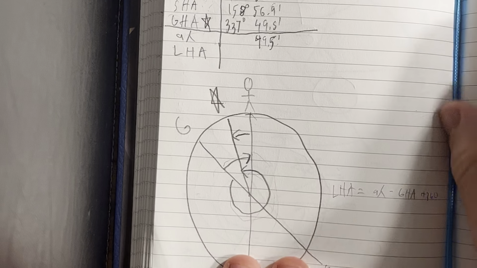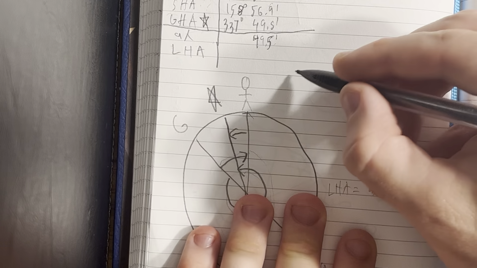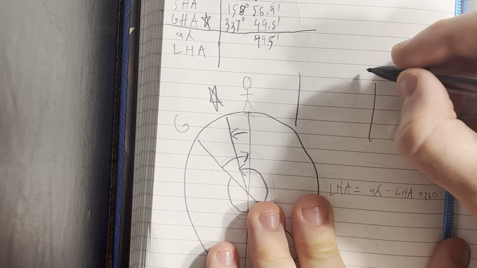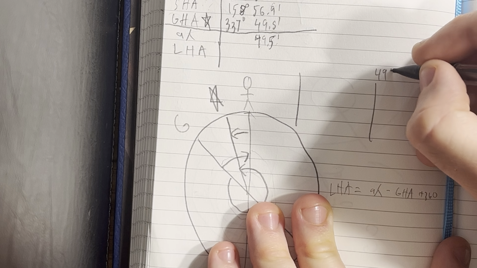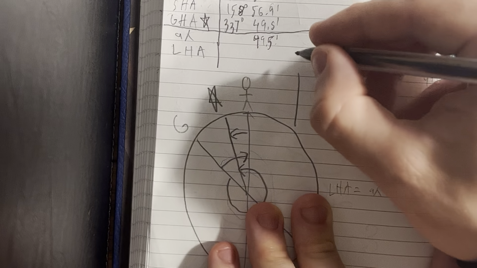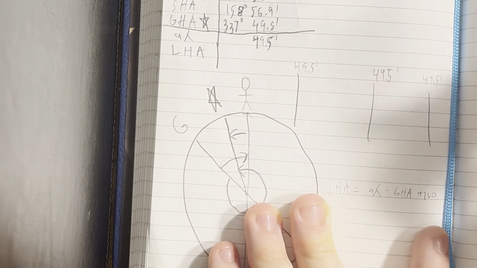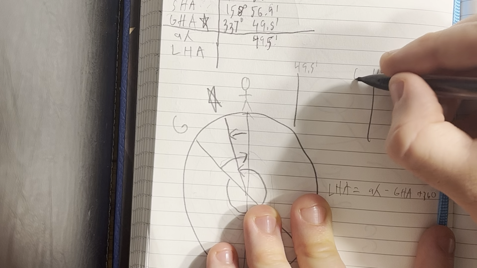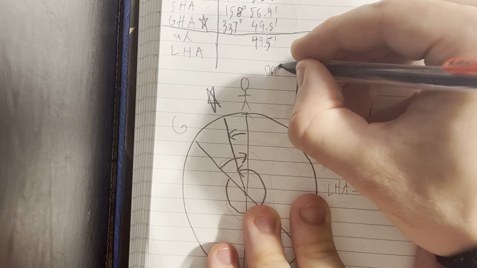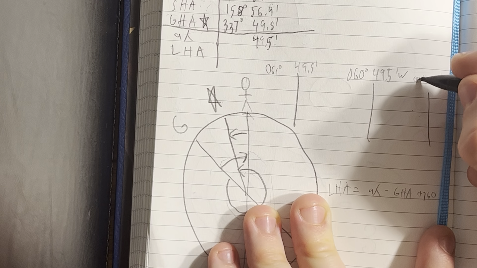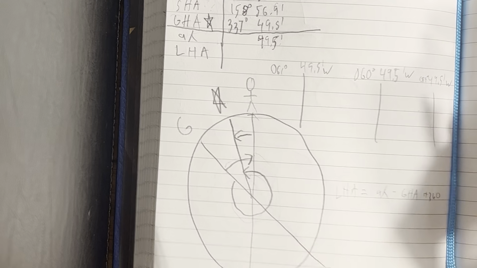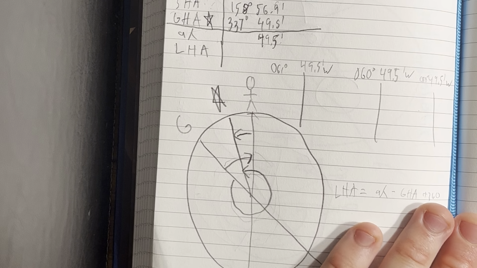So how we choose between the three is you set your 3 meridians right there. You set them each to have a minute value of 49.5. And you set them each a degree apart, with the central one being 60 degrees west. So then this one's 61 degrees west, and this one is 59 degrees west, so that you can make a concise decision between which one your DR position would fall closest to.